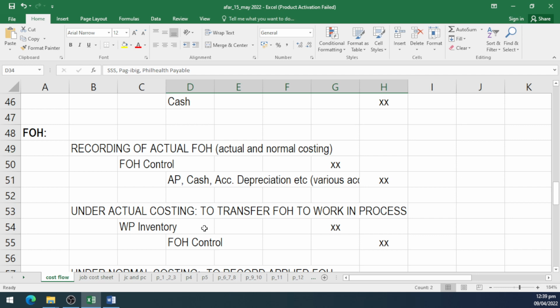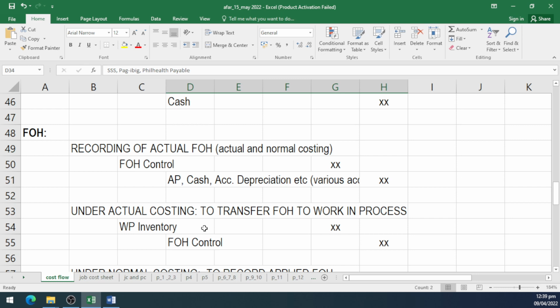Ang tinutukoy ko dyan na actual and normal costing ay ang ating i-record, take up, in the meantime, because we shall have separate material for the standard costing. Na na-take up nyo na rin yun sa MAS, mas malamang kaysa hindi.